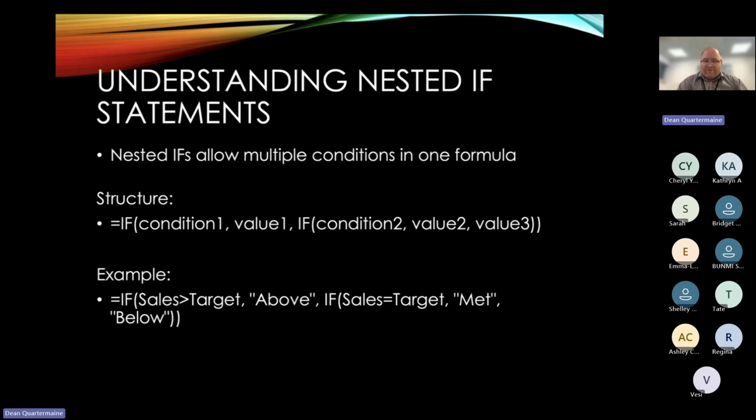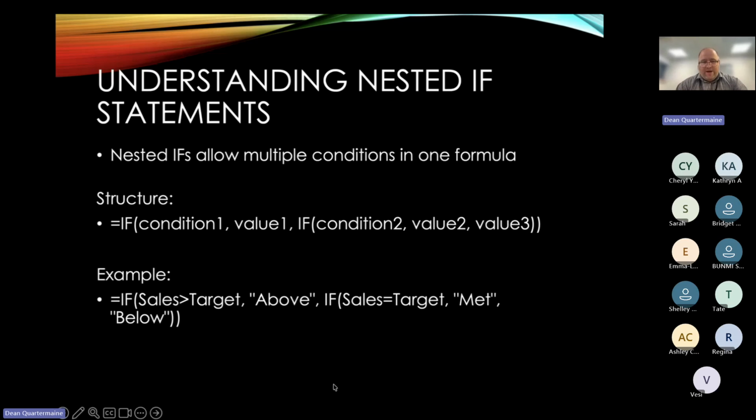However, if it's not above the target, then it must be, logically, either exactly the same number as the target or below the target. Now, a standard if statement won't cover that, would it? Because a standard if statement would say, is sales above the target or is it below the target? Well, that's great. But what happens if we want to know, is it exactly the same number as the target?